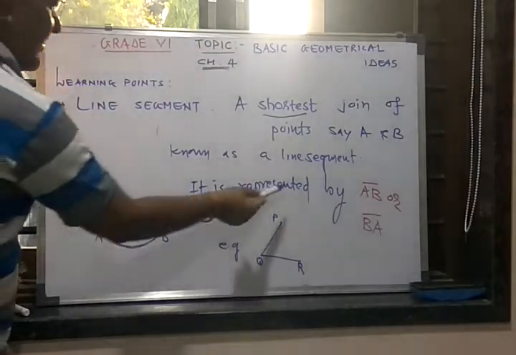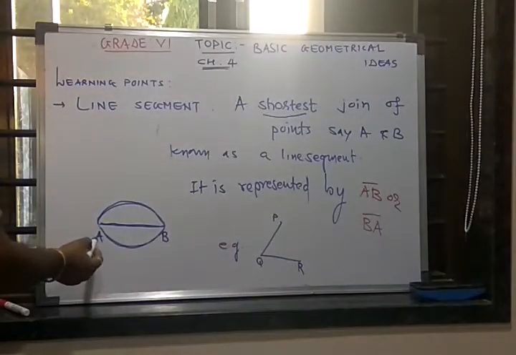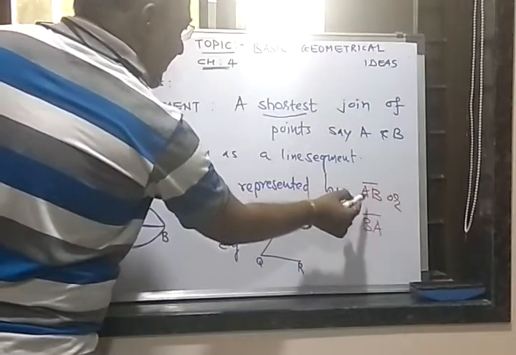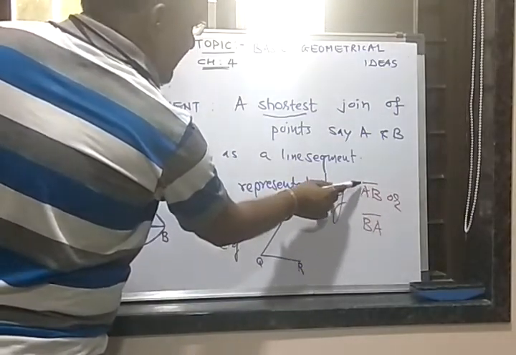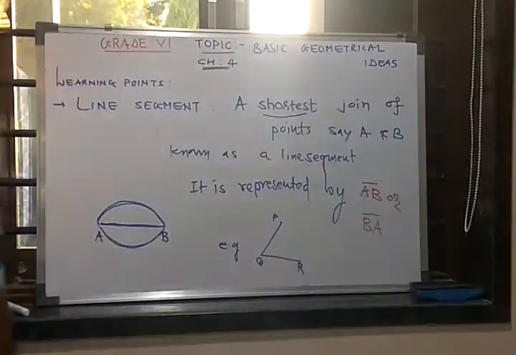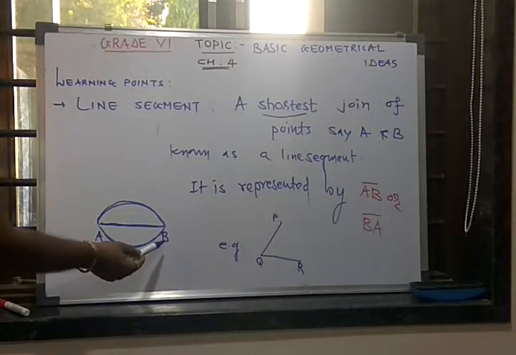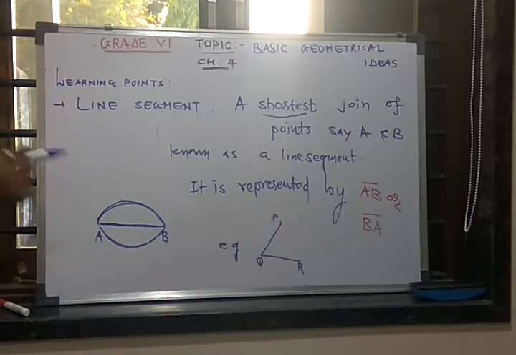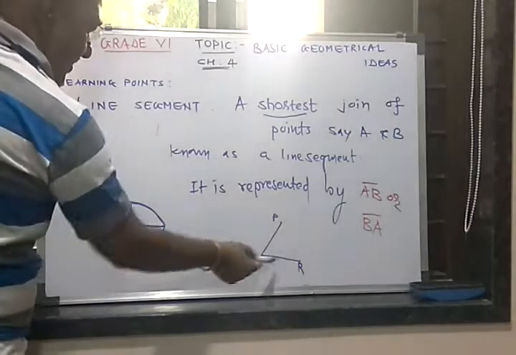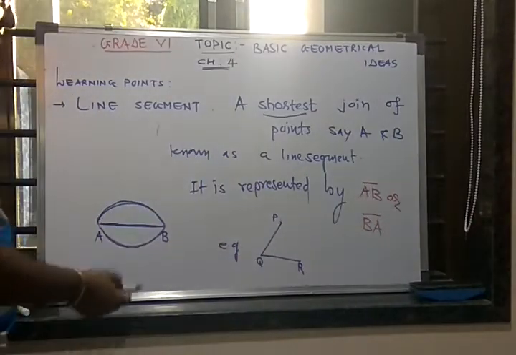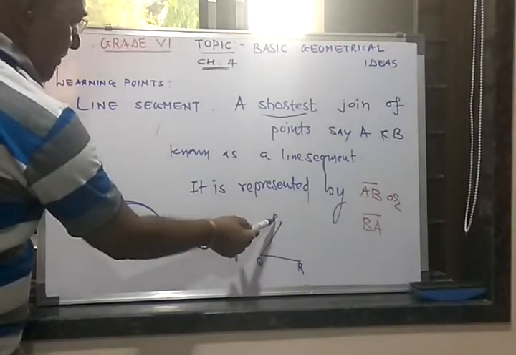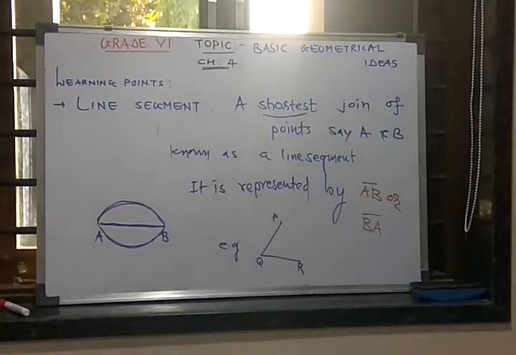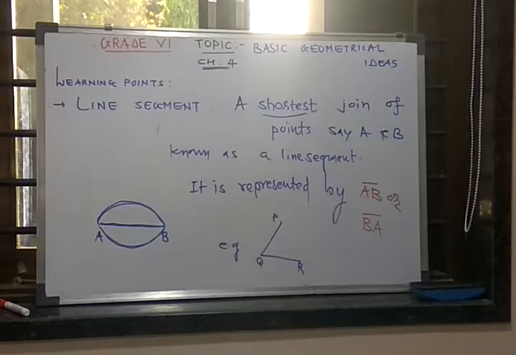It is represented by a straight line. So we put here a straight line AB, read as line segment AB, or you can say line segment BA. Both are the same. Say for example, here is one angle which represents points P, Q and R. Now find out the line segments.